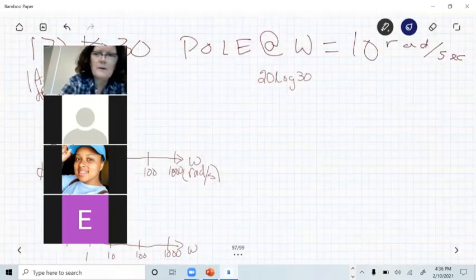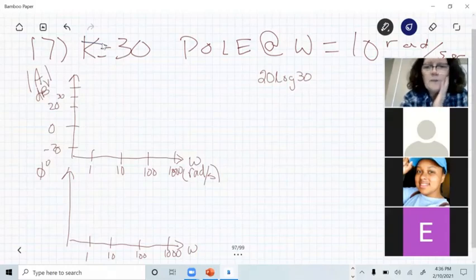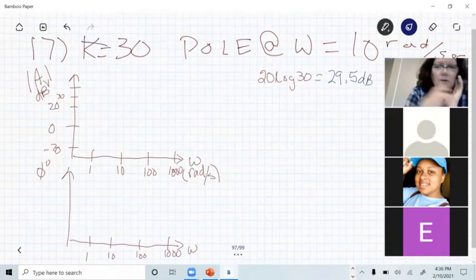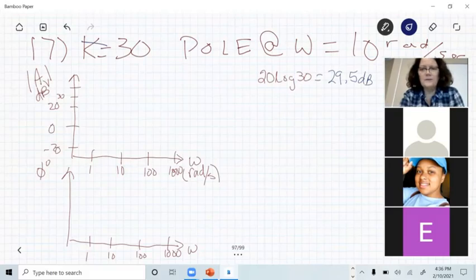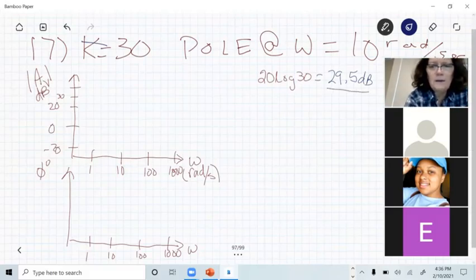Of course. Okay. So this is 29.5 dB. So I will go back and look at that sheet, and it's telling me for a constant, all I do is draw a straight line at 20 log of K. So that comes out to be something like that.